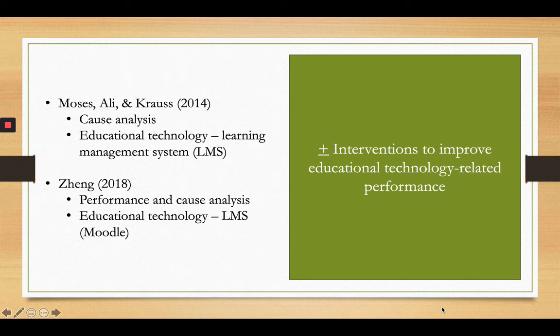Likewise, Zhang conducted performance and cause analyses to investigate students' academic and technology-related performance with a learning management system called Moodle. The authors selected and implemented the educational technology and other interventions, such as decreasing the student's dependency on the teacher's guidance, to improve the student's performance with the technology.